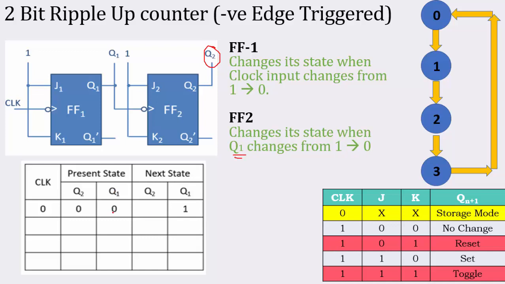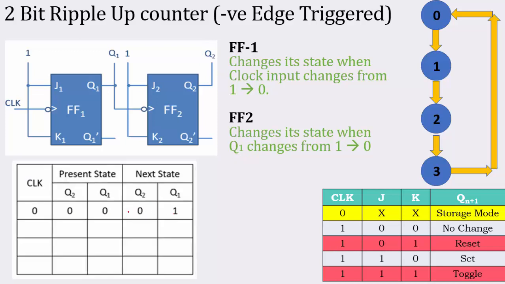Q1 changes from 0 to 1, so the Q2 state will remain as it is. There is no change in the state.